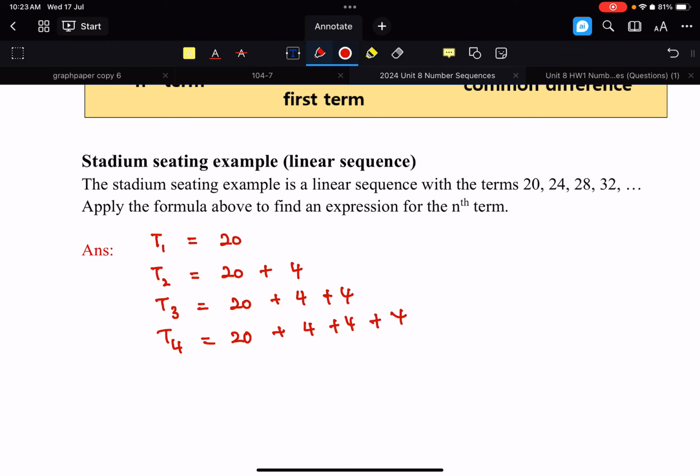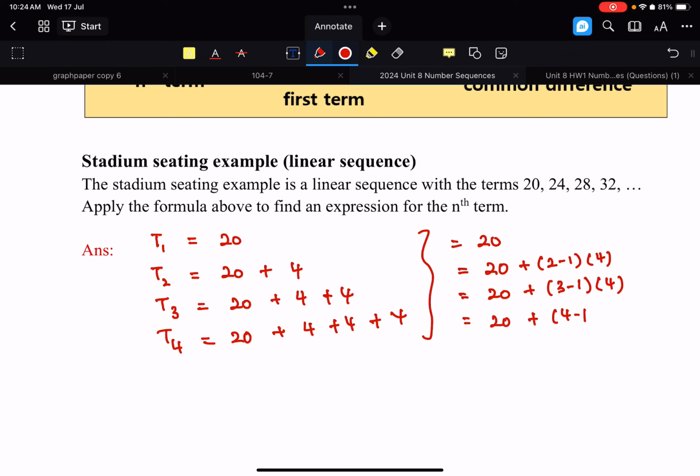Now what we need to notice is that the first one may not be obvious, but in the second one, we realize that the number of 4s is actually only one of them. And that number is the term position minus 1, multiplied by 4. Over here, we have 20 plus 3 minus 1 times 4. And down here is 20 plus 4 minus 1 times 4. If we check that it works for the first one, this is 1 minus 1 times 4.